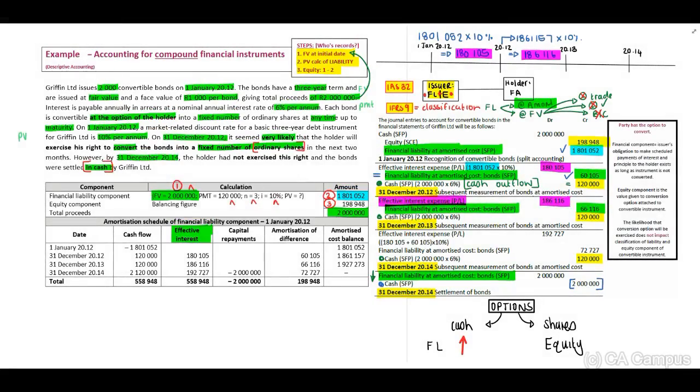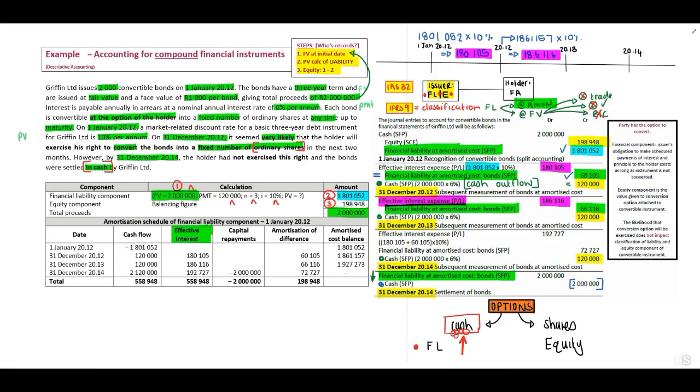You will identify at the bottom of our screen that I have included options. Now, when they provide us with a scenario where the likelihood that the holder will receive the cash or exercise the right to receive cash, you will identify that our financial liability will be the greater amount between the financial liability and equity component.